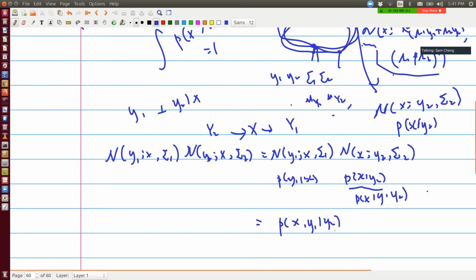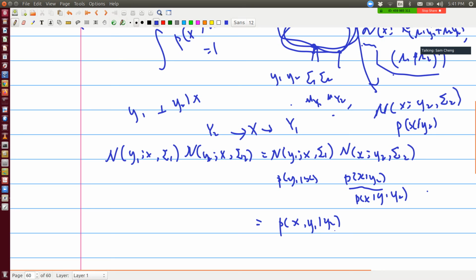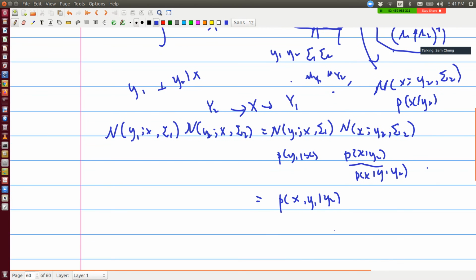That's why I wrote it like that; you will see why I'm doing that. Then I know this form is equal to, as we showed earlier, some, let's see, where is it?